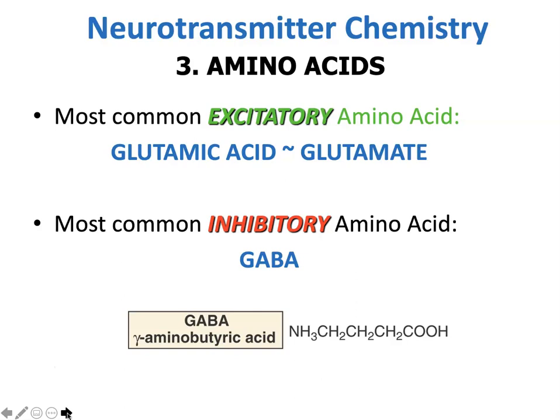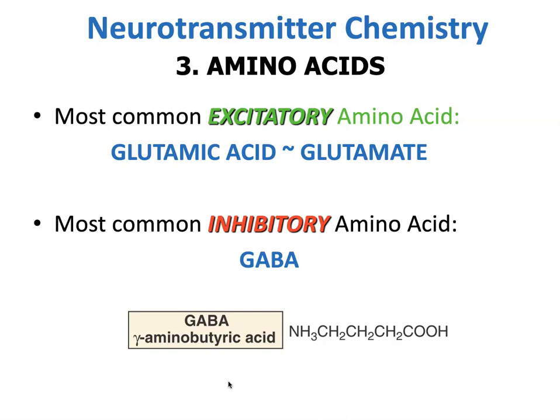GABA is a major inhibitory neurotransmitter in the brain. It's gamma-aminobutyric acid, and so we usually just call it GABA, but it is able to activate ion channels that are permeable to chloride ions.